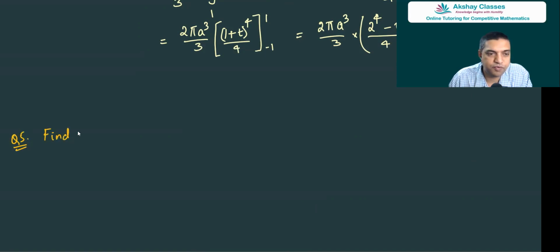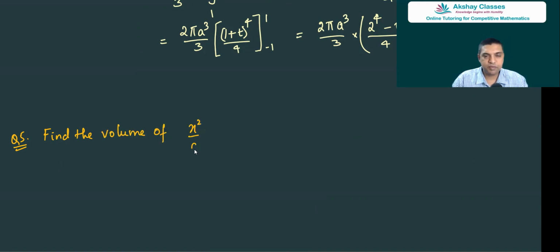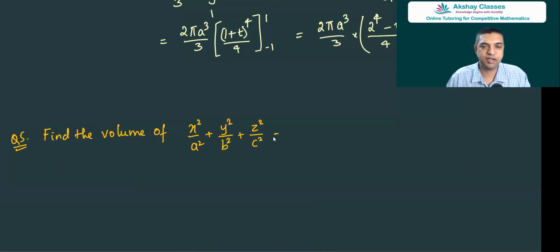find the volume of x squared by a squared plus y squared by b squared plus z squared by c squared equal to 1.